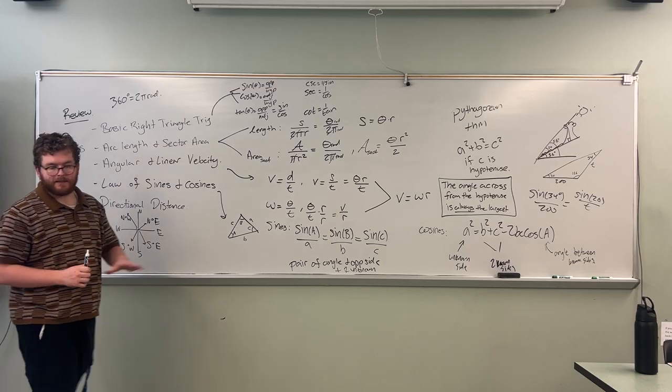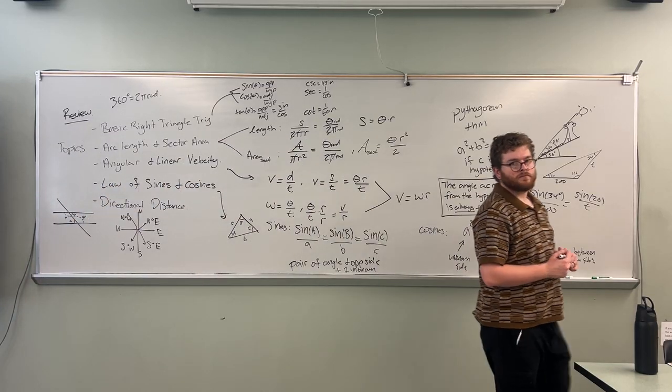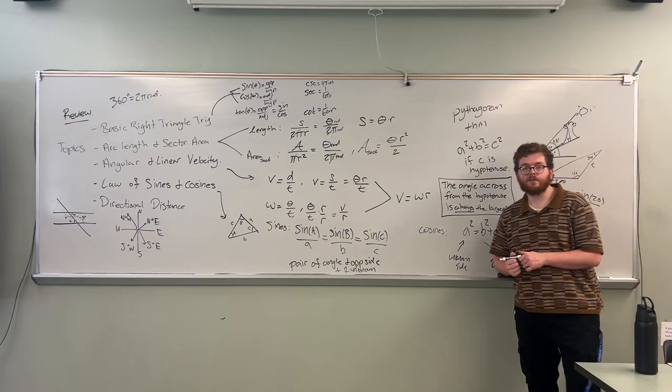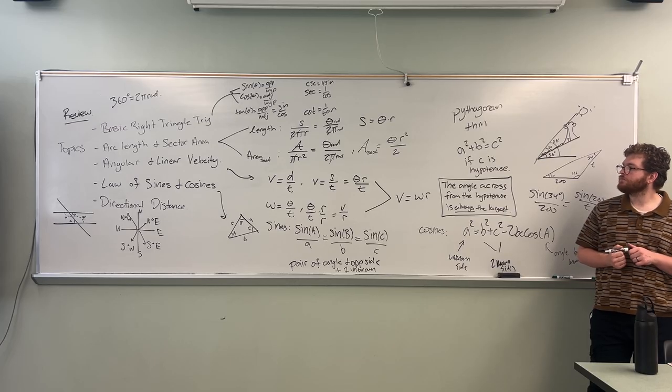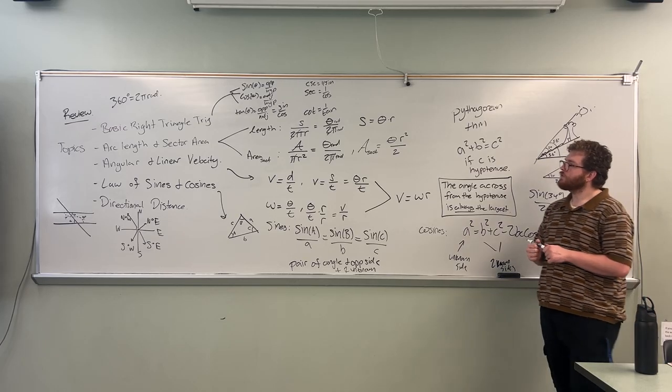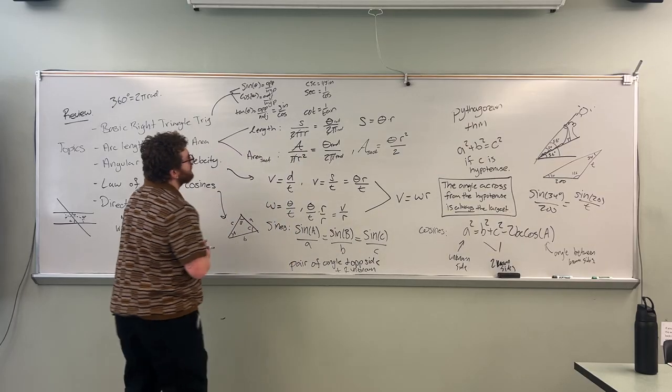Alright. Any questions about any of this? This is again the entirety of what you're expected to know for the test. It looks like a lot, but at the same time, it's not too much.